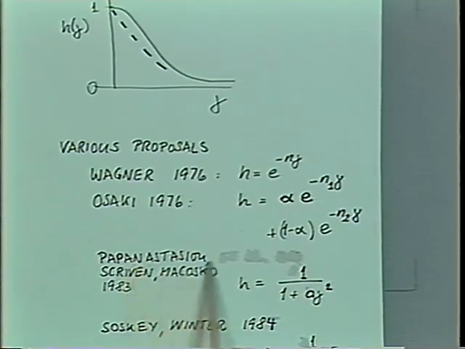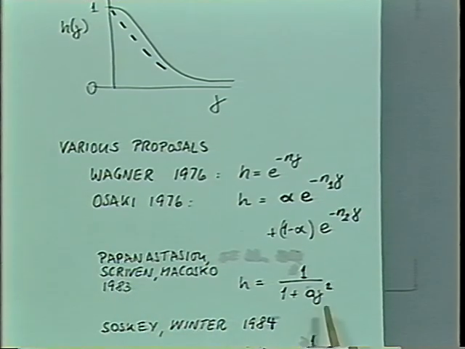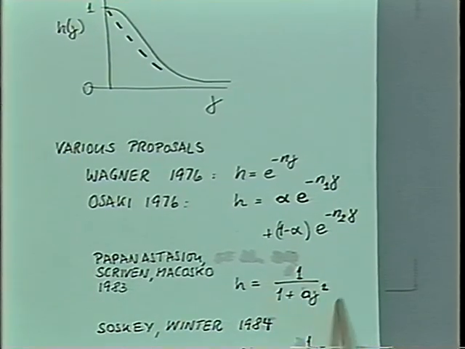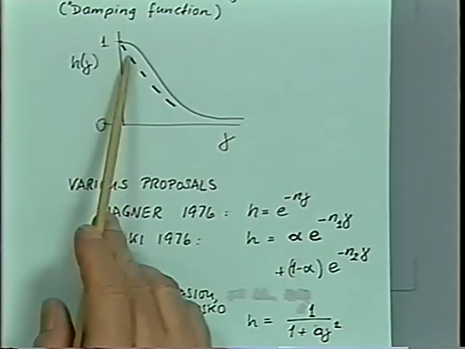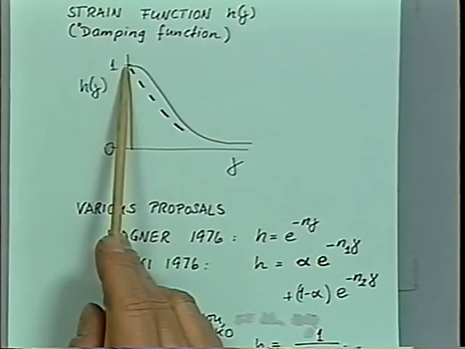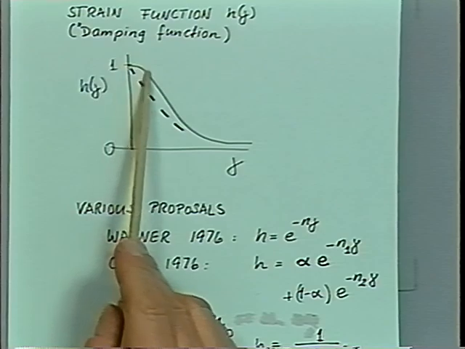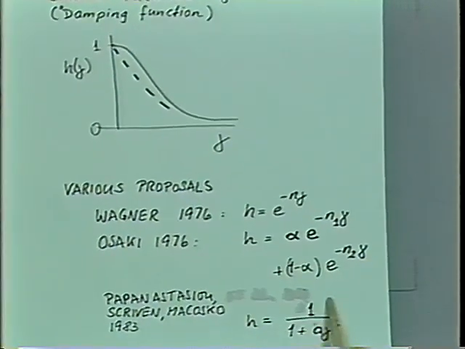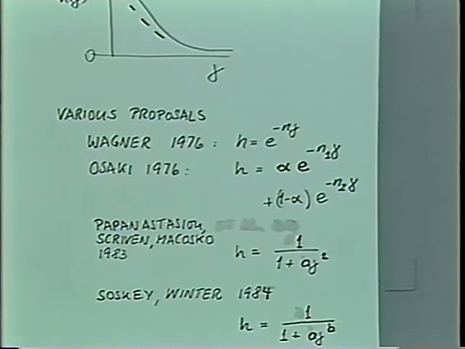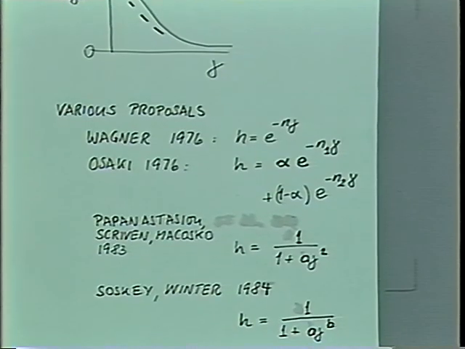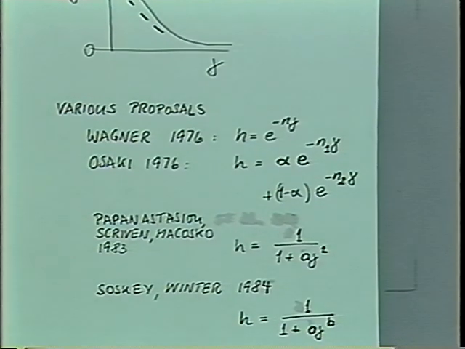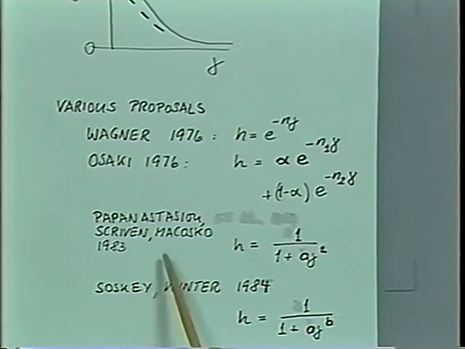Later on, Papanastasiou, Scriven, and Macosko proposed a sigmoidal type of function where they found that this S shape can be described very nicely if they use a format like that. This was in '83, and we saw that, and we talked with them doing their experiments.